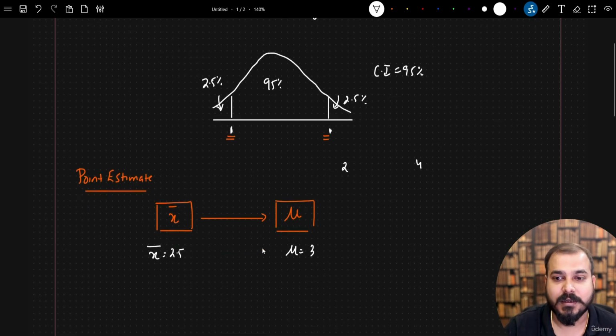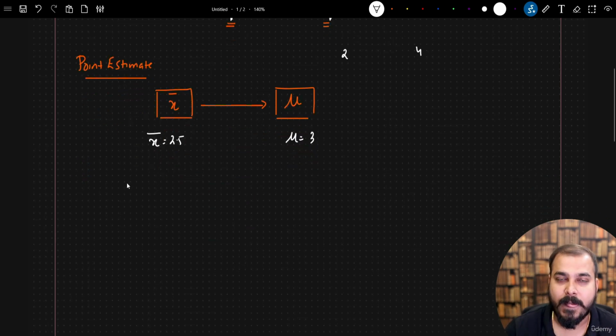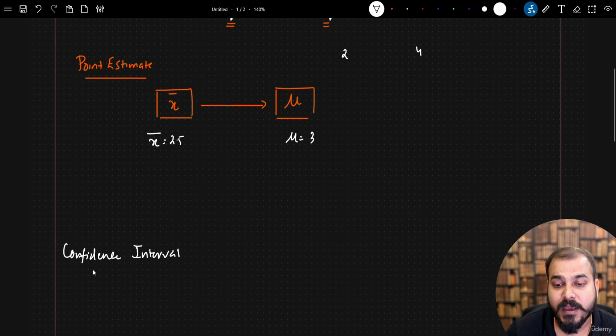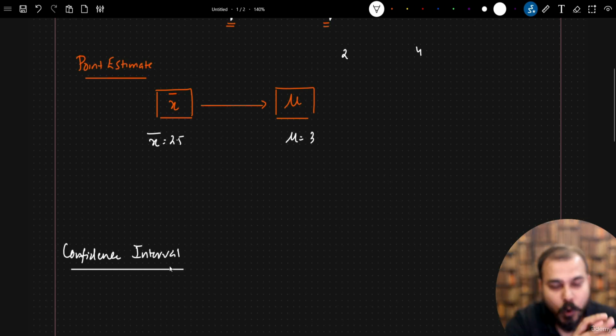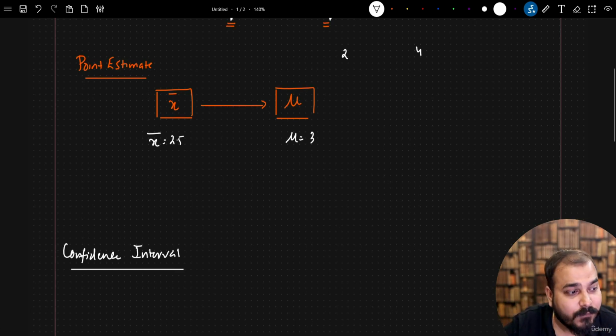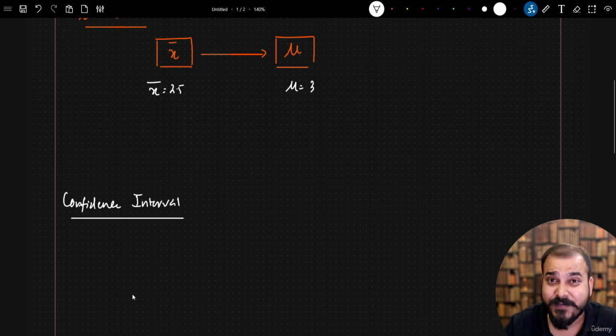So for this case, we specifically use the confidence interval. In this confidence interval, we are going to define some intervals with respect to the confidence level, right? Interval basically means from some lower confidence to higher confidence. And for specifying this confidence interval, we use a formula, and the formula is very simple.